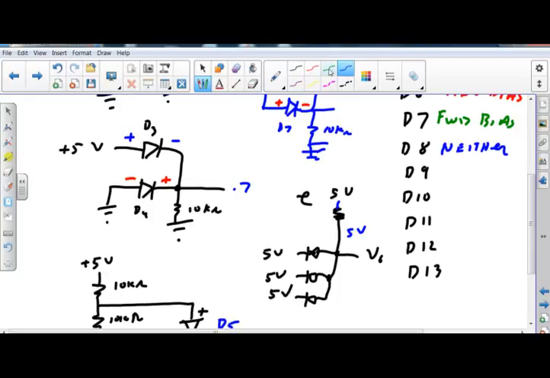Now, if I were to put a resistor over here, that would be different. Now I have current flowing, now these guys are all reverse biased. Okay, but the picture as drawn has no path for current to flow. So neither.